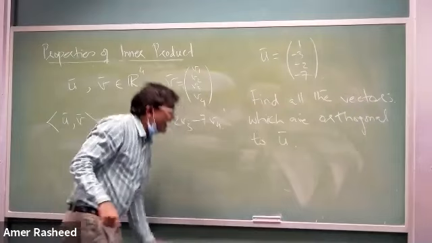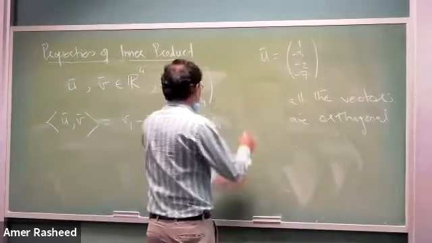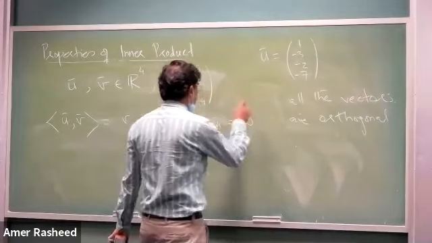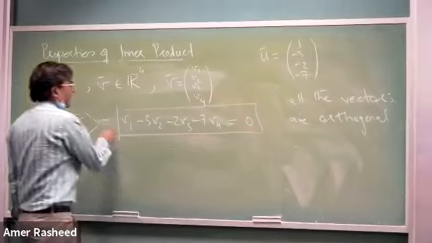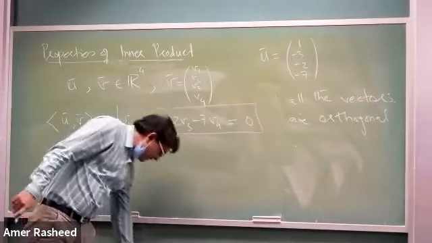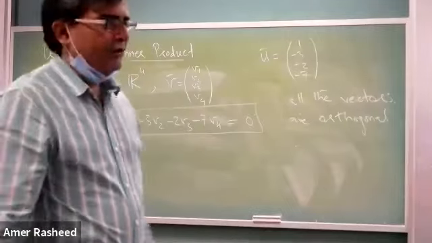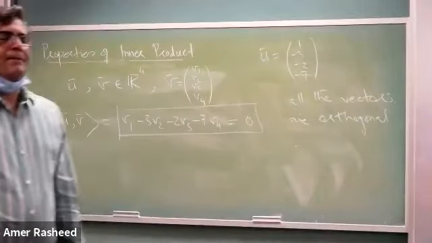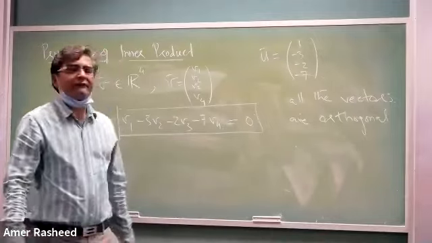Because we are trying to find the orthogonal vector. Now what is this? This is a single linear equation, which is luckily homogeneous as well. Now you can solve it and find the values of v2, v3, v4, and v1.